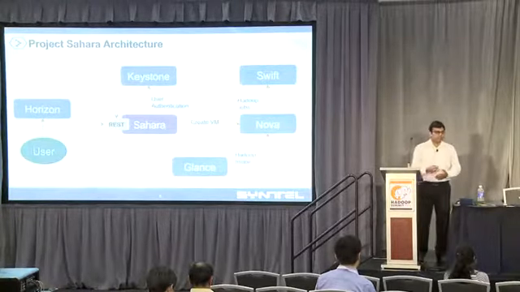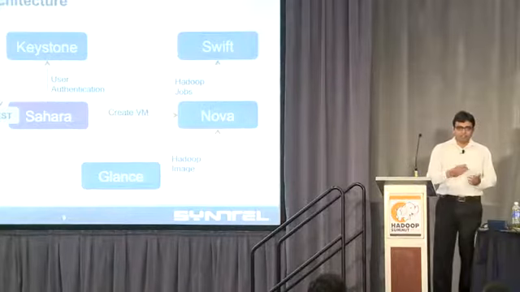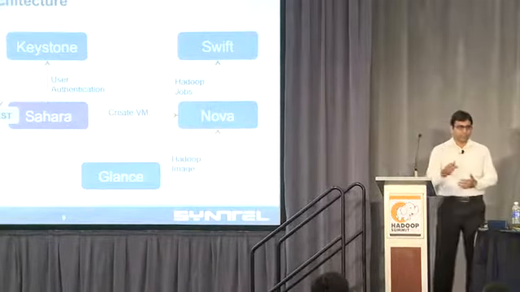Then Nova, which is the computing fabric of OpenStack, is used to create virtual machines. The pre-configured operating system and Hadoop images are stored in Glance, so that whenever there is a need for a node startup, that can be done quickly. And for those analytical workload applications, where the cluster is only required for the amount of processing to be done, this can make use of the Swift storage service provided by OpenStack.